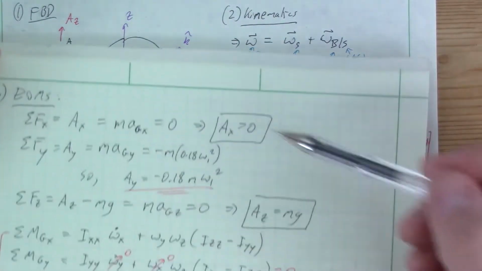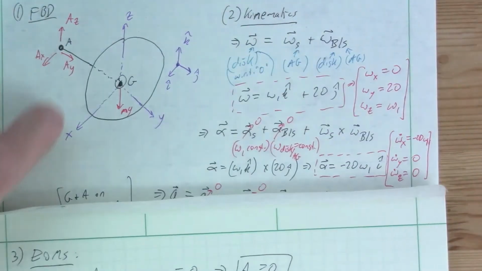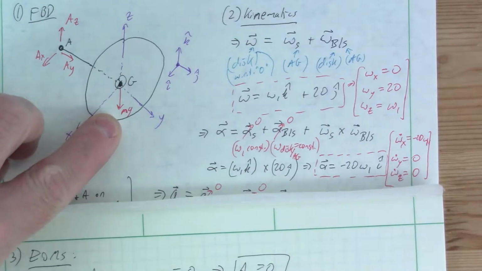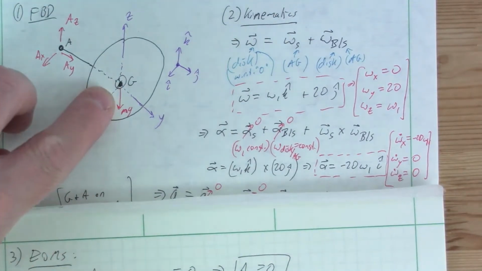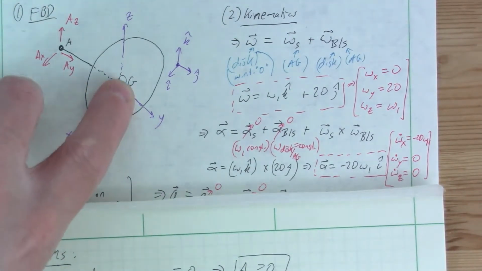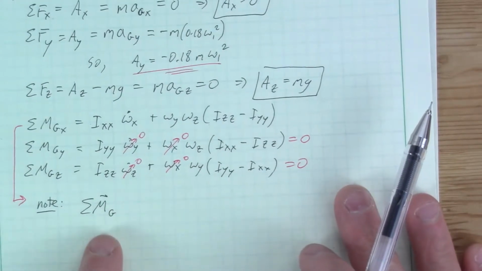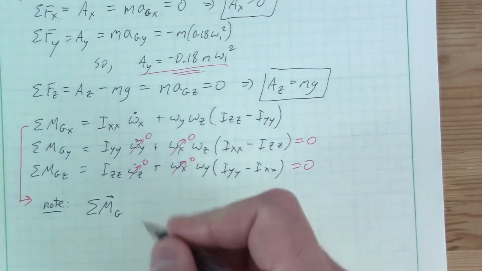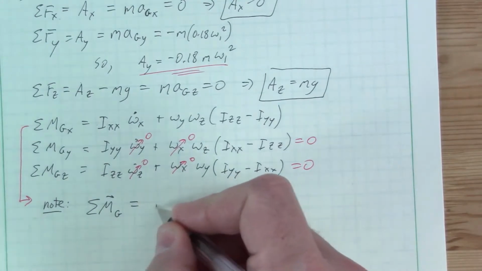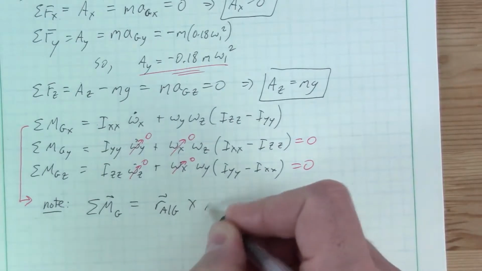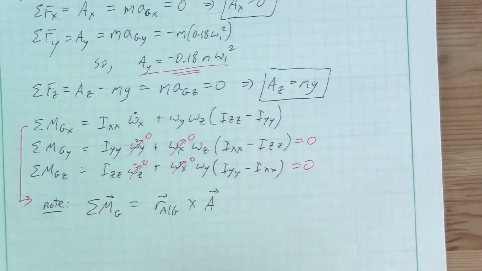This is just one force vector over here at A. The weight contributes no moment because its line of action goes right through G. So it doesn't create a moment about point G, only the A force here. One way to think about this is that the only moment vector is the position vector to get to A from G crossed into that A force, with its three components.